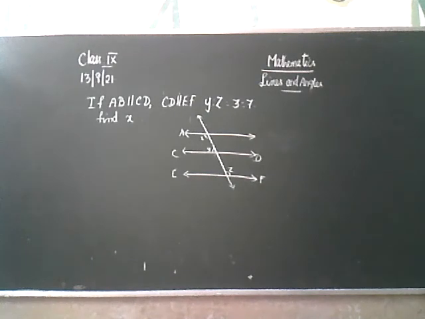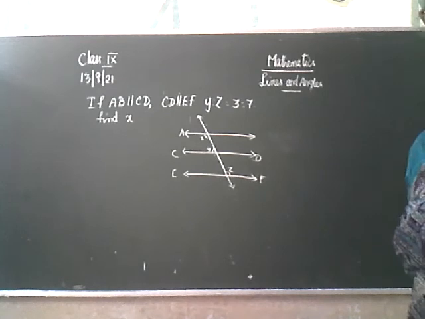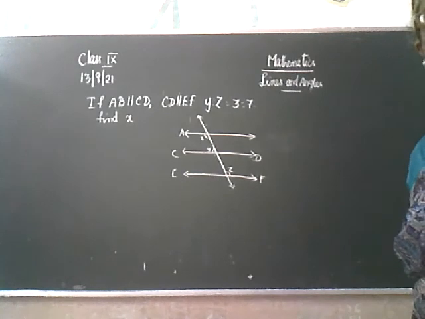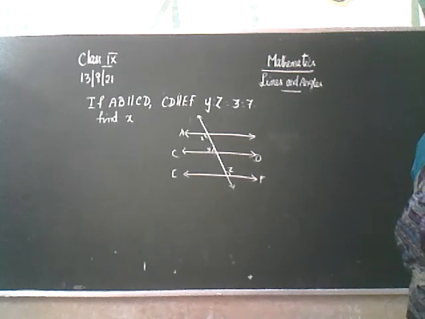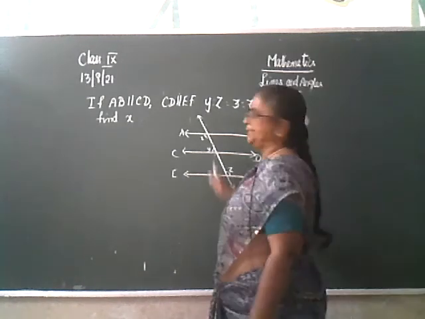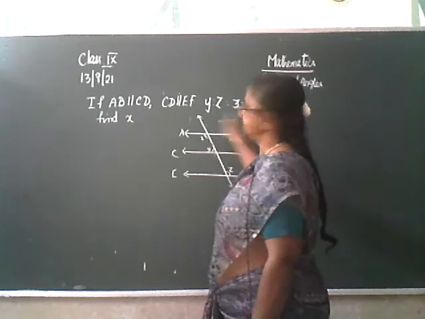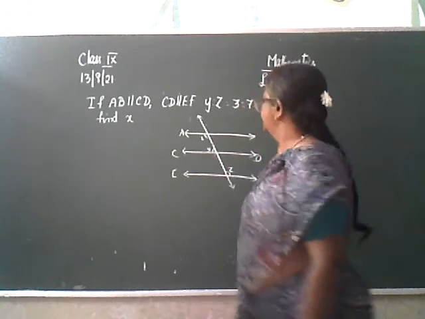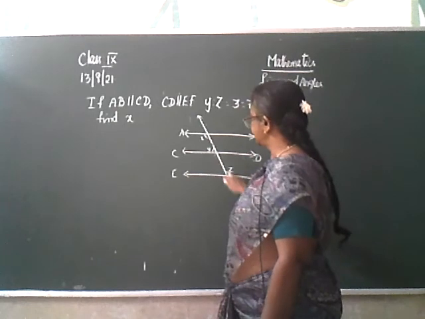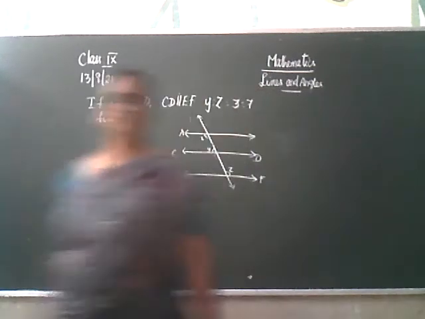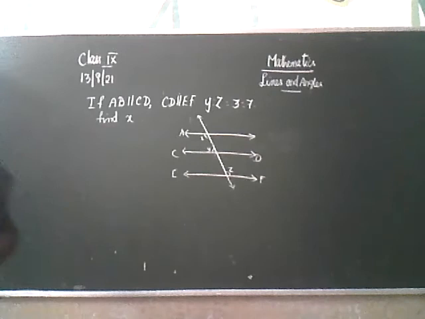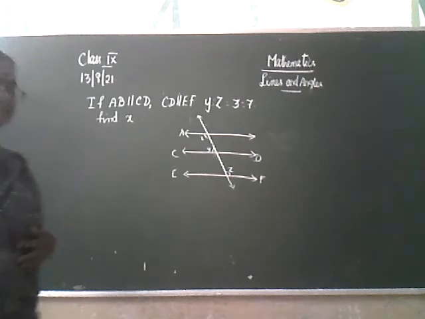So the lines which are parallel to each other are parallel to each other. So I can write AB is also parallel to EF. So let me find out, CD is parallel to EF because here YZ is given. So I can say what is these two? These two are corresponding angles, isn't it?